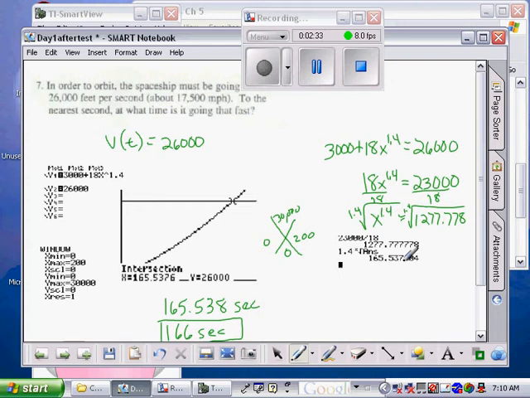The two-problem quiz question like this would be, it's all calculator, has to be.